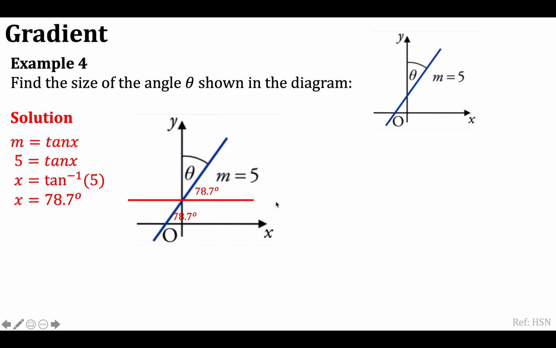But in actual fact, that angle here, 78.7, allows us to work out what theta is. You can see that this is a right angle in here. So theta is 90 minus 78.7 degrees, and that gives us 11.3 degrees for theta, which is our final answer. Again, folks, it's a good idea to copy this one down and then go and complete the assigned exercise.